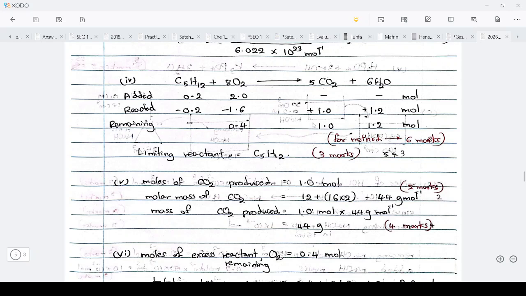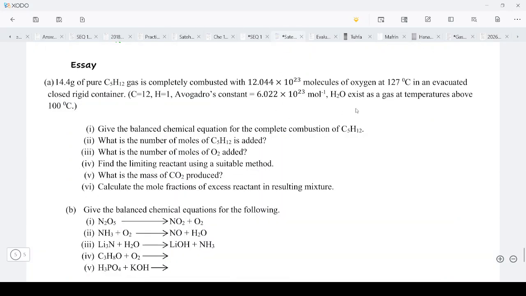Moles of carbon dioxide, 1 mole is produced, so grams are 44. And mole fraction, we can think like oxygen, water is also a gas in these conditions, because the temperature is 127, and I mentioned water as a gas in the data also.